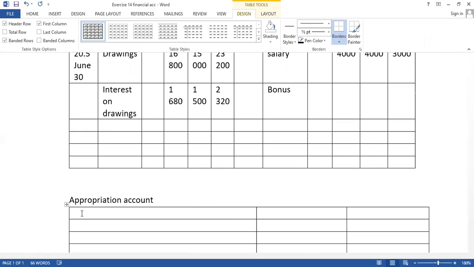Remember, the income statement is the statement that calculates the profit made by a business. After you calculate the profit made, you draw up an appropriation account to show how different transactions between the partners and the partnership affected the profit made. The first thing that you record there is the profit for the year.